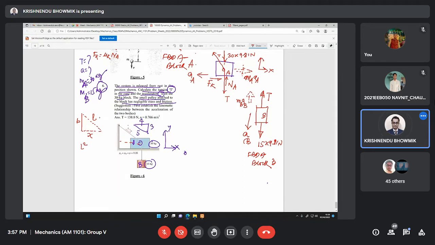L is varying, X is also varying. B is constant. L square equal to B square plus X square.